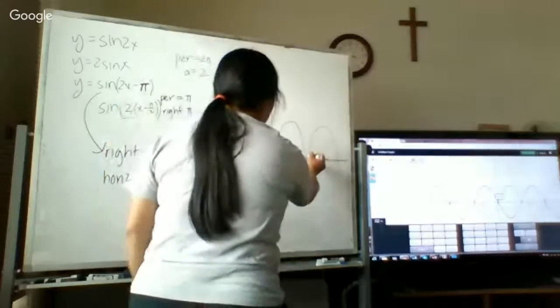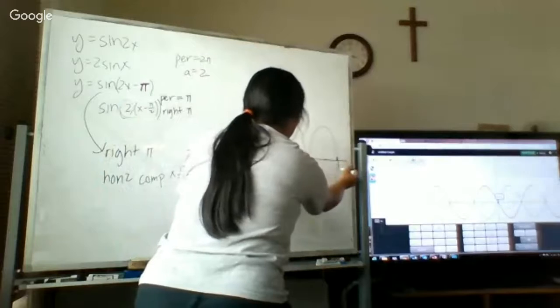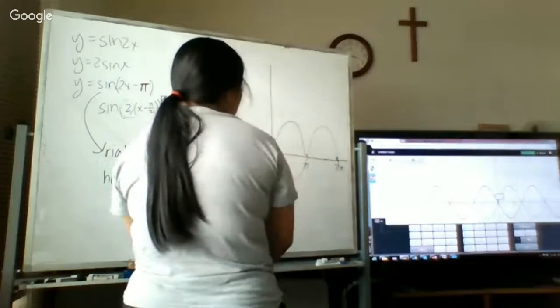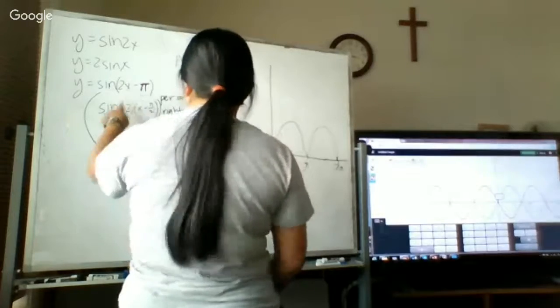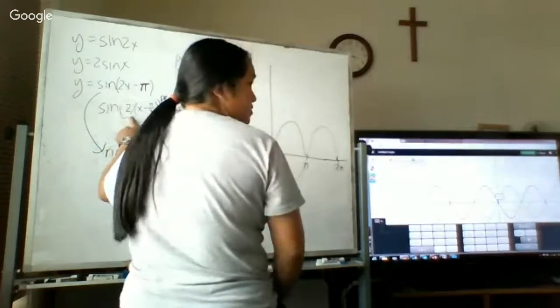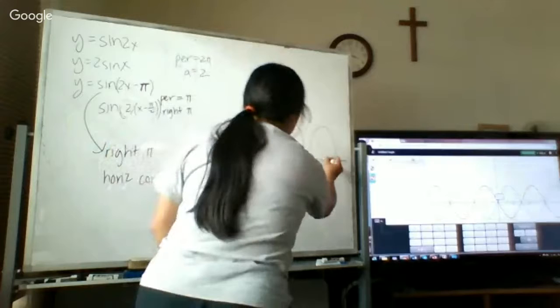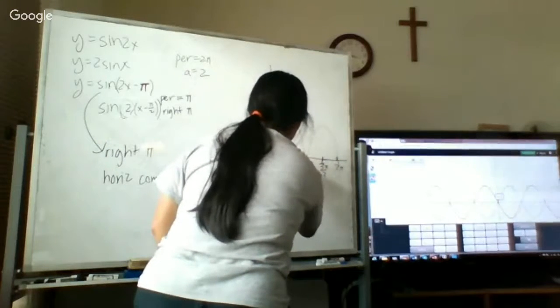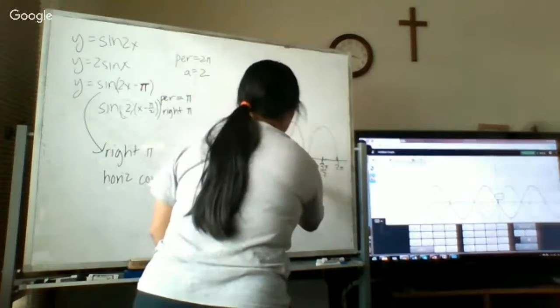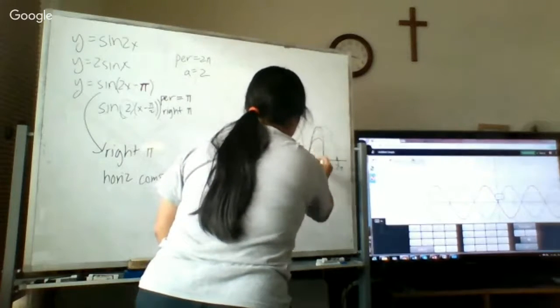So now we know that instead of the period being all the way out here, 2 pi, the period has been squashed, right? And now the period is what? 2 pi over 2, which is pi. And then we know that this is pi over 2, this is pi over 2. Okay, and then it'll look like that.